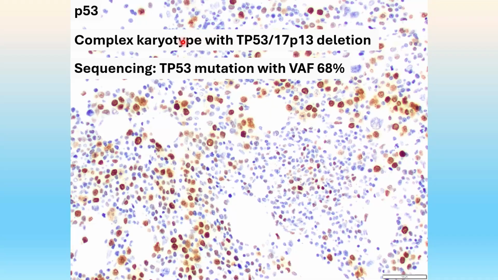And then p53 has a pretty strong expression in cells that seem to be probably erythroid precursors. And this patient also turned out to have a complex karyotype and a p53 mutation with a very high variant allele frequency. So again, a good example of this entity.